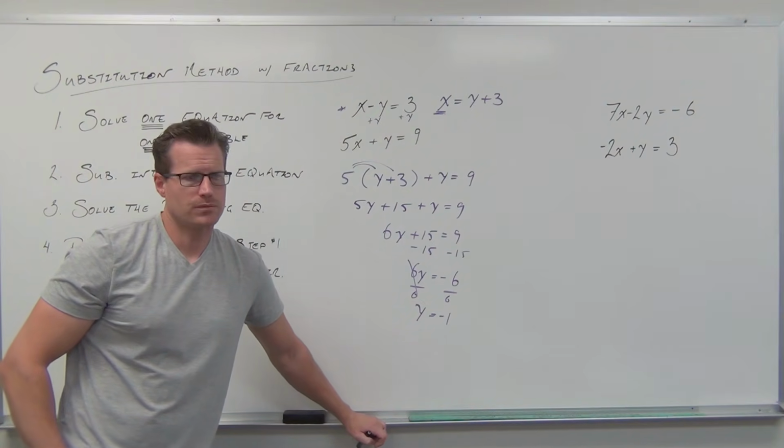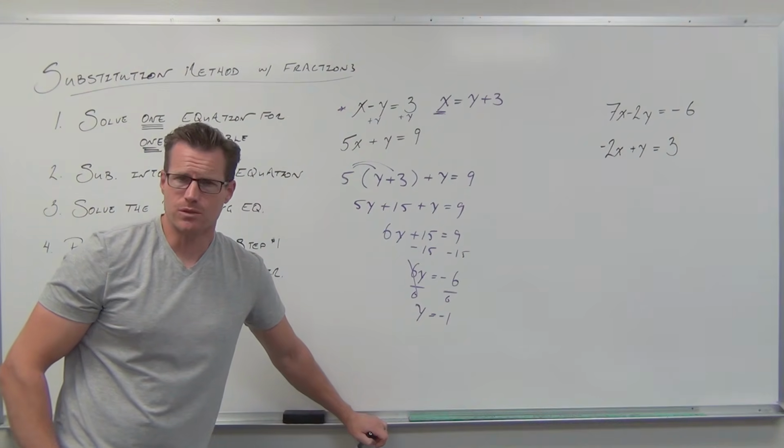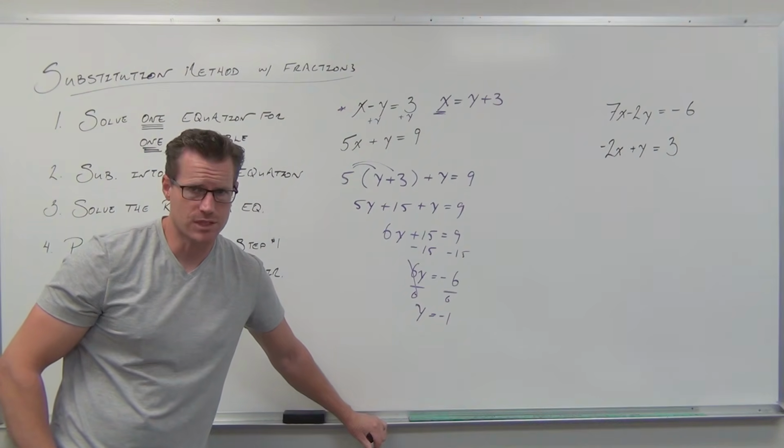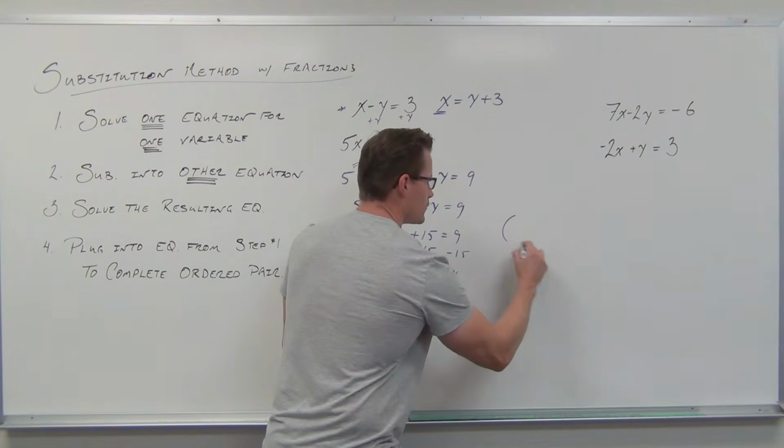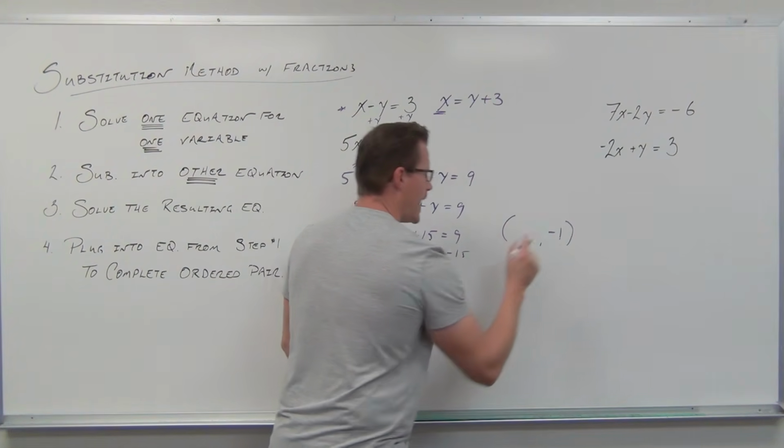We've always talked about what we're actually doing. We're finding a point of intersection. Points are two numbers put together that are ordered pairs. So we have half of what we're talking about.